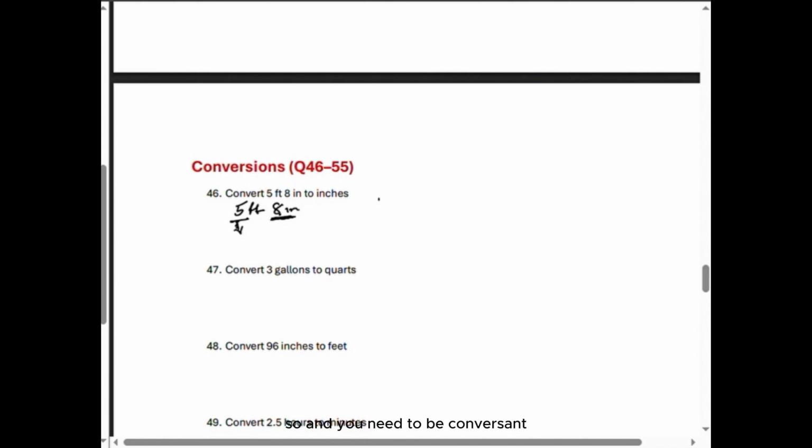You need to be conversant with some of the conversions, like Fahrenheit to degrees Celsius, like gallons to liters. So for example, 1 foot equals what? 12 inches.